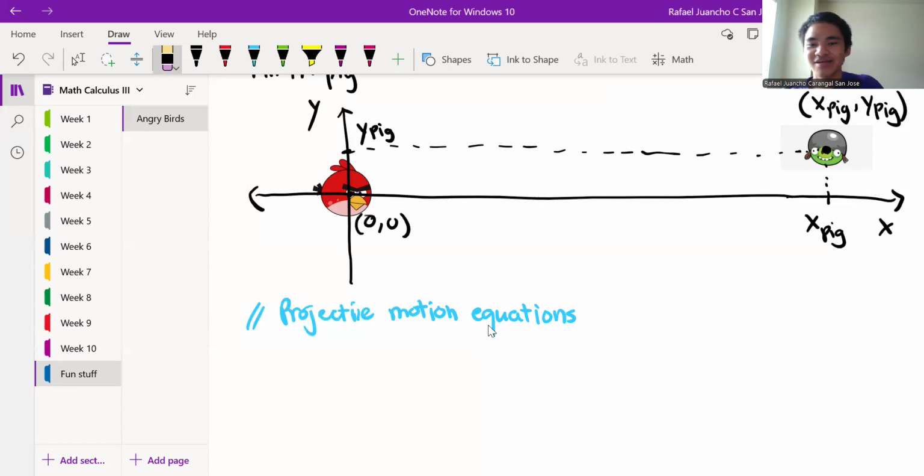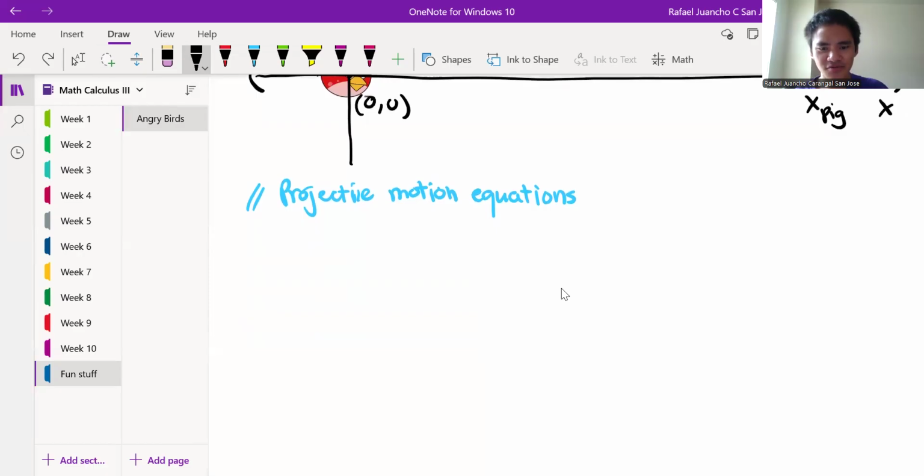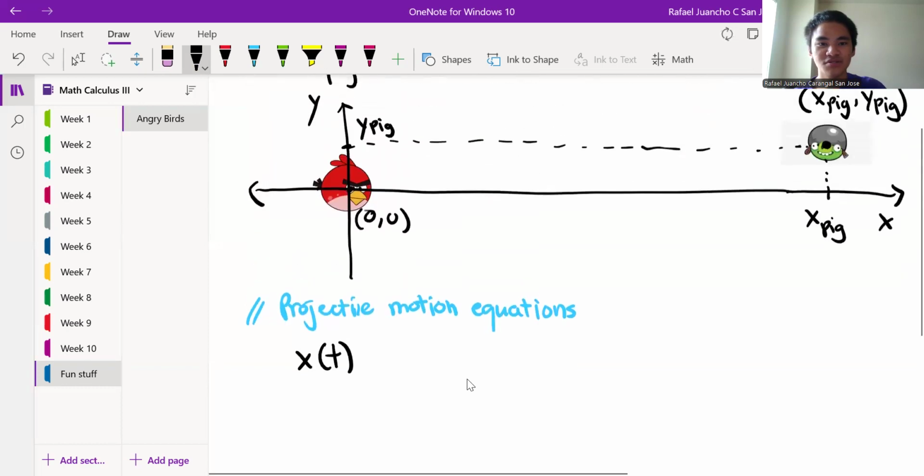Ideally, it should be at x pig and y pig. If the bird reaches this position, x pig, y pig, then that means we hit the pig. So for projectile motion equations, we need an x function: given some time t, we determine what our x position is.